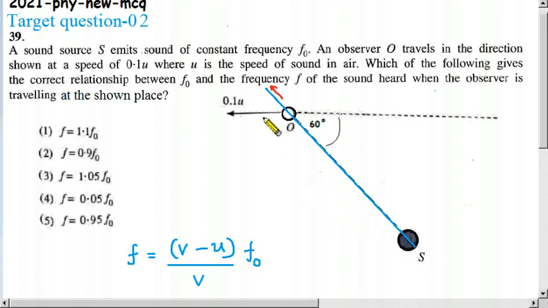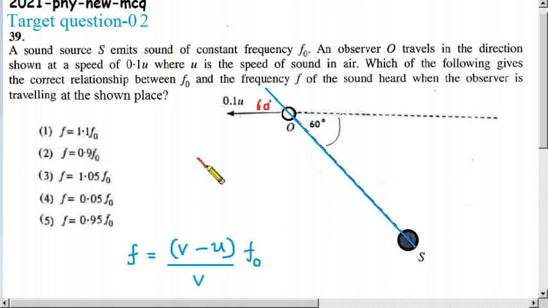So now you have to get the component of this velocity because we have to use this one now. So what is the component? Because this is 60, and this one is exactly opposite, so the angle is also 60. You can mark 60 here.